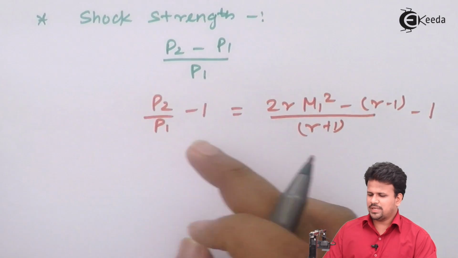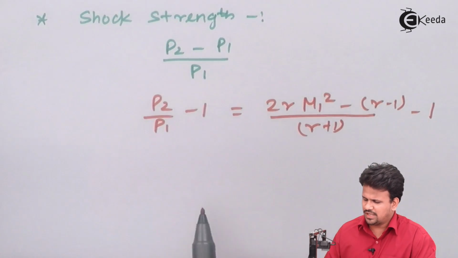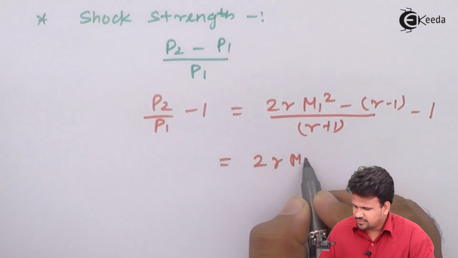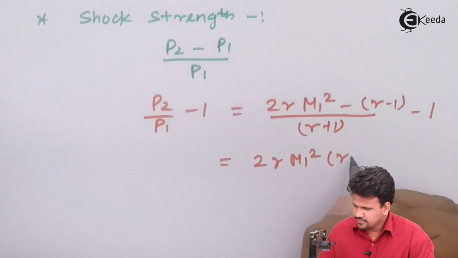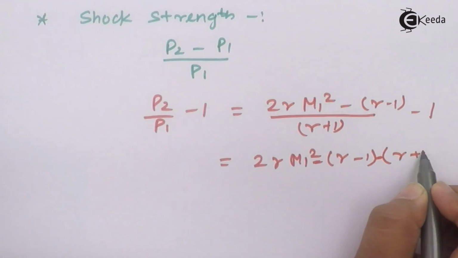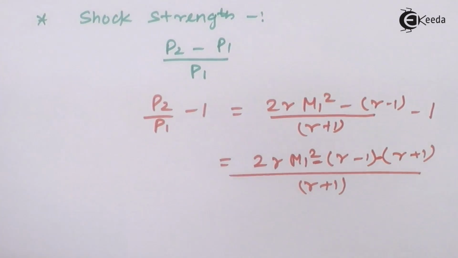We know that P2 by P1 in terms of Mach number M1 is equal to this entire value. So we'll substitute this: 2 into gamma into M1 square minus (gamma minus 1), the whole minus (gamma plus 1), the entire thing upon gamma plus 1.